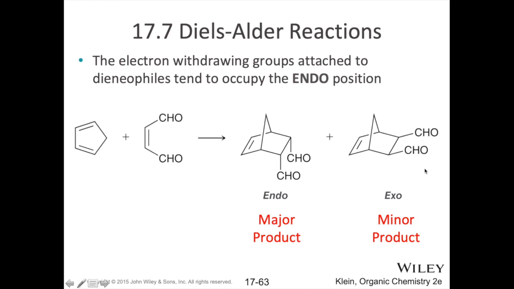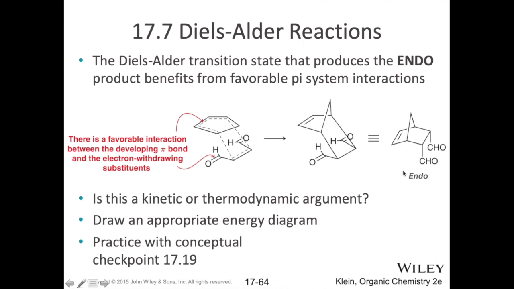Okay, so why is that? Well, if it's not sterics, then that tells us there's an electronic reason for this. Remember that these are electron withdrawing groups over here. The reason for this, from an electronic standpoint, has to do with the interaction, that sort of overlap we have between our pi system and those electron withdrawing groups.